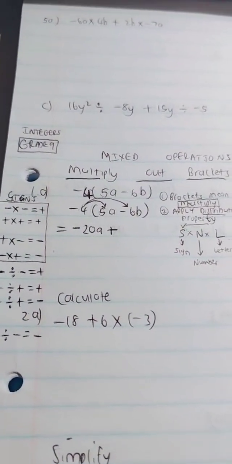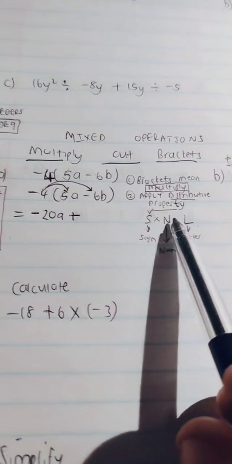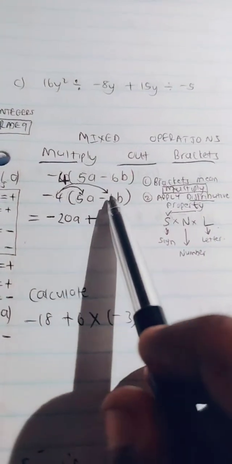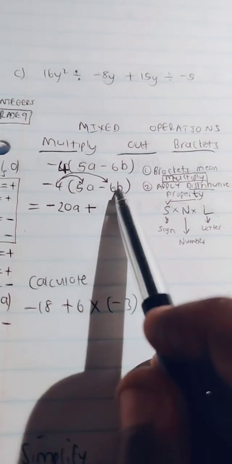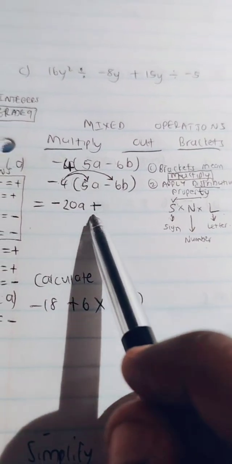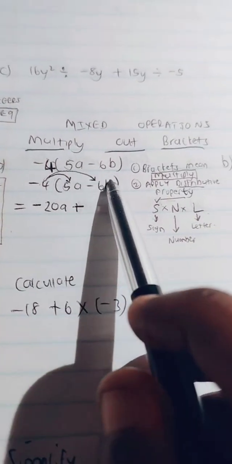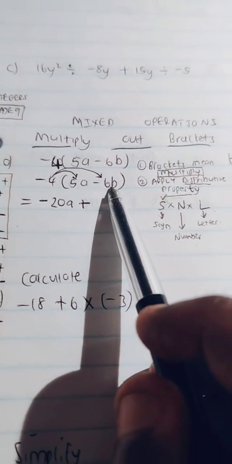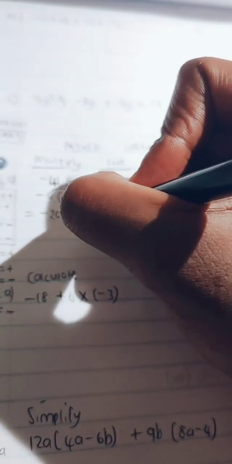Okay? Then we move on to the number. 4 times 6. What is 4 times 6? From the sign, a negative times a negative, we got a positive sign. But what is 4 times 6? 4 times 6 gives us 24.